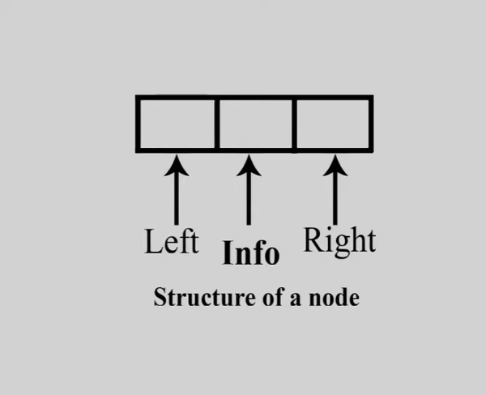The first part of the node is the left part, which stores the address of the left child node. The second part of the node is the info part, which stores the element. The third part of the node is the right part, which stores the address of the right child node. The binary tree is made up of such nodes.